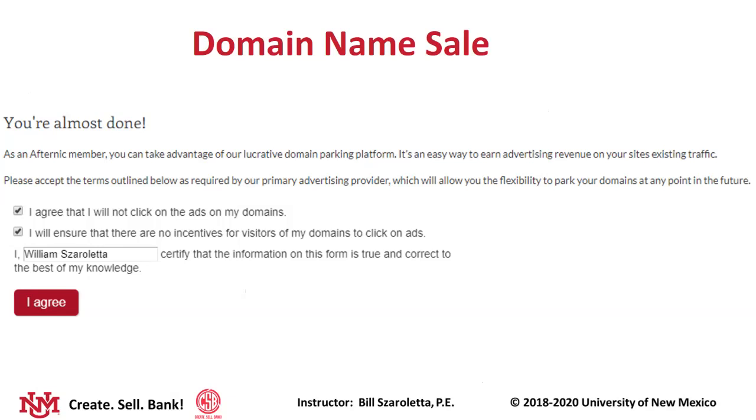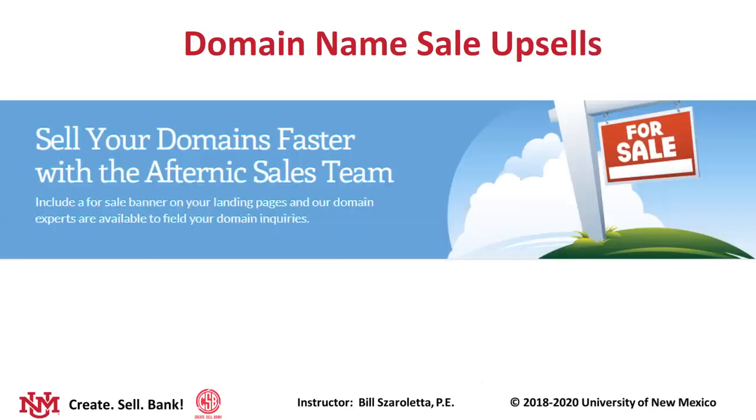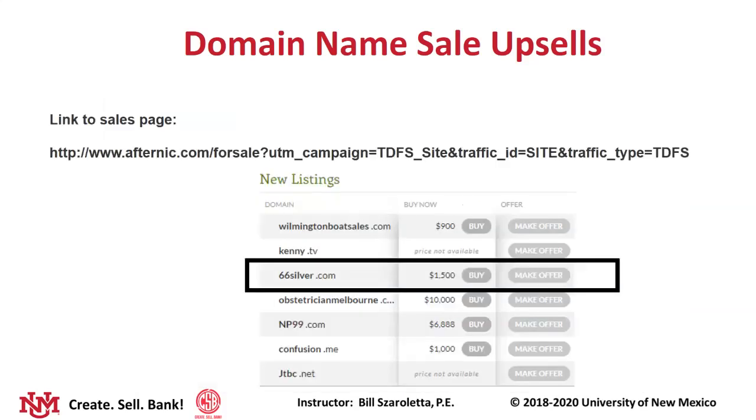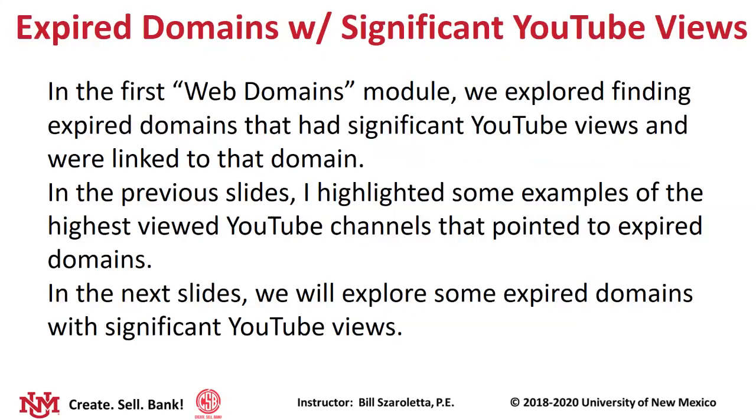And for the domain name sale, you agree you'll not click on the ads of my domains. You don't want to give incentives and things like that. So I certified that, and away we go. And of course, there are domain name sale upsells. You just use Afternic, which has a partnership with GoDaddy. You can do a lot of things there, like sales acceleration. So there's 66 silver in there.